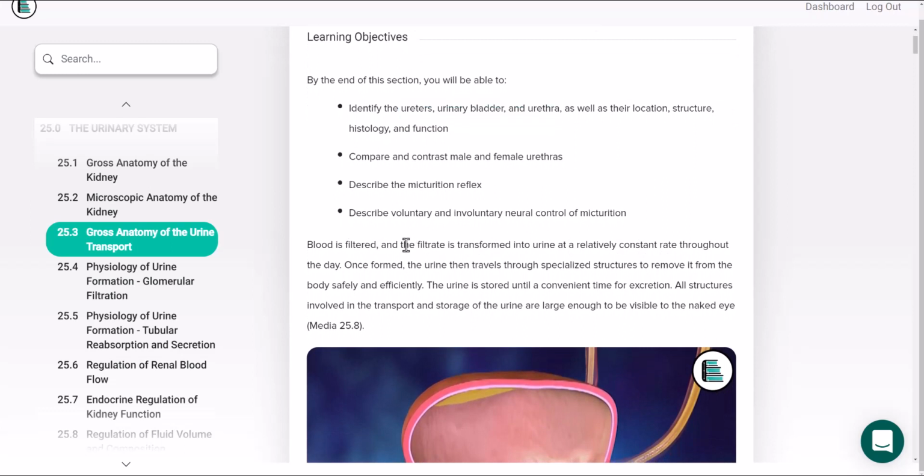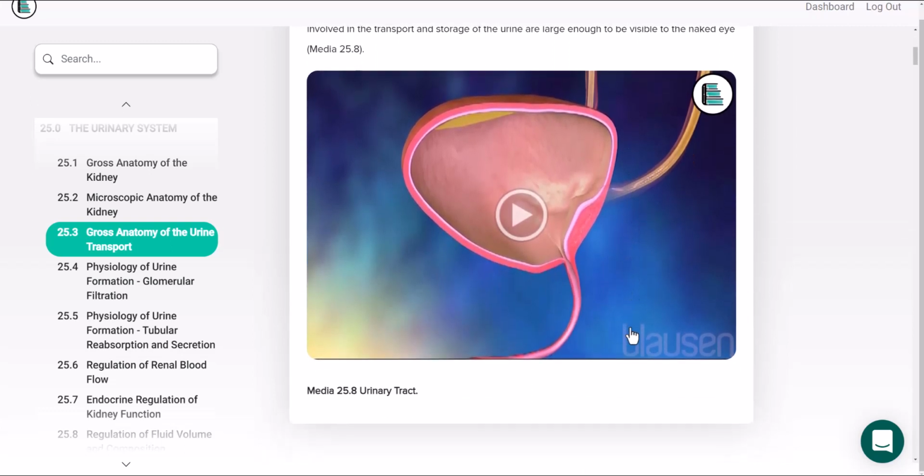So the blood is being filtered into urine at a pretty constant rate throughout the day. Recall that sympathetic and parasympathetic has somewhat of a difference in the blood flow to the kidney, but there is never a time where the blood flow to the kidneys is shut off. So remember that the necessity of filtering the blood is a 24/7 activity, and the kidneys never have the opportunity to shut down completely.